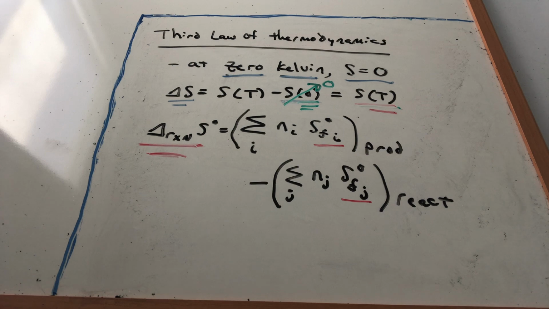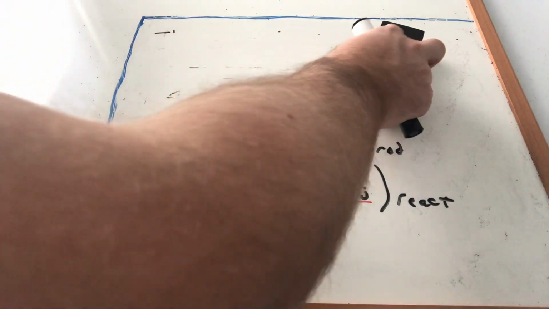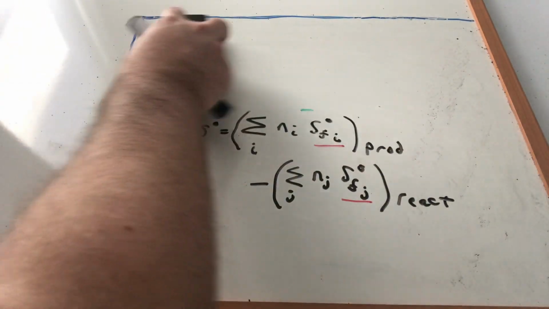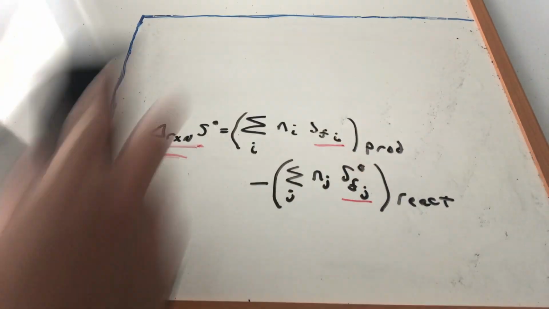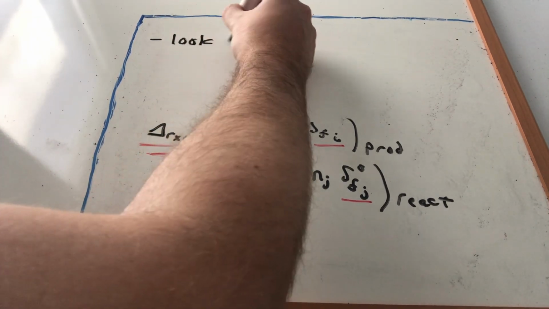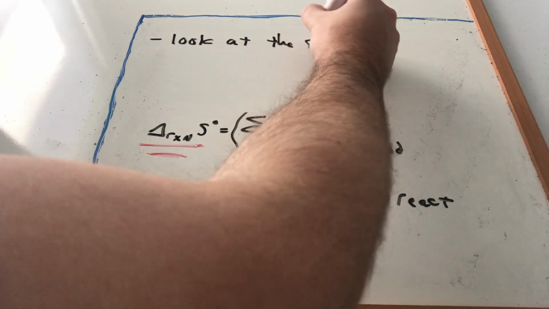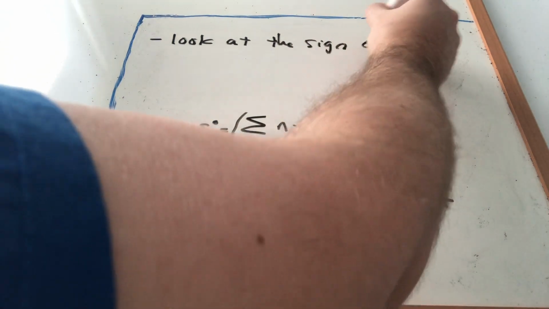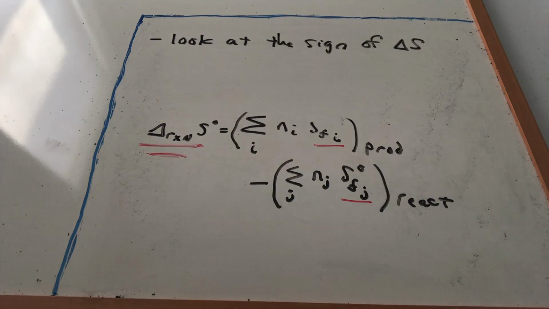Remember, we're still not talking about delta S for the universe here, but imagine you carry out this process. Let's look at the sign of delta S, not delta S of the universe, but delta S for a reaction.